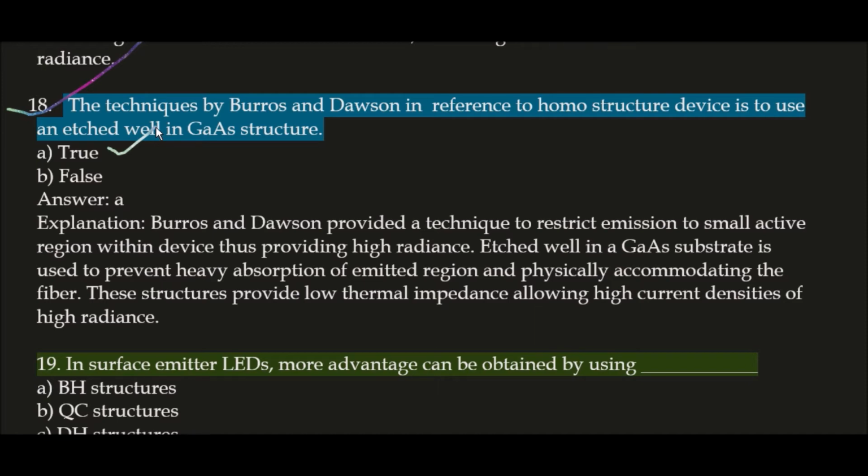The etched well in a GaAs substrate is used to prevent heavy absorption of the emitted radiation and to physically accommodate the fiber. These structures provide low thermal impedance, allowing high current densities and high radiance. Okay. In this way, this statement is true.